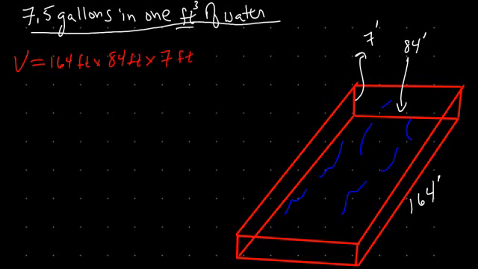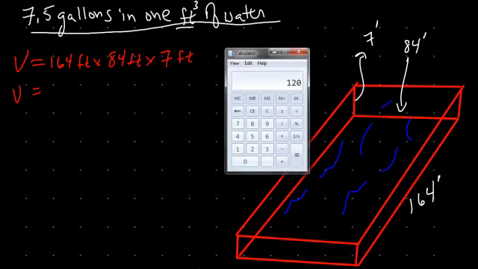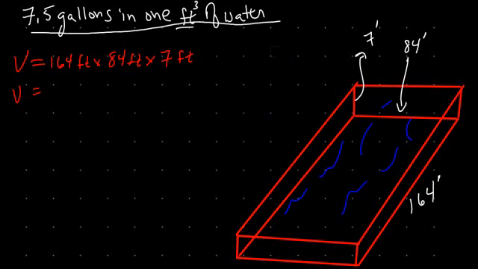Let's get the calculator out. 164 times 84 times 7, and we have 96,432 cubic feet. That's my volume.